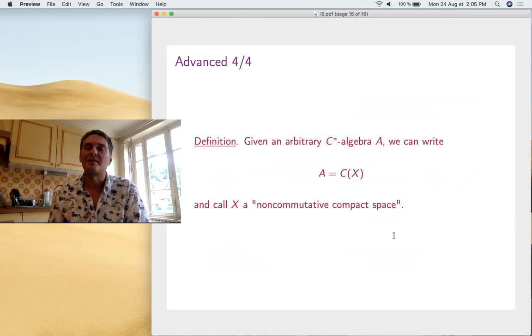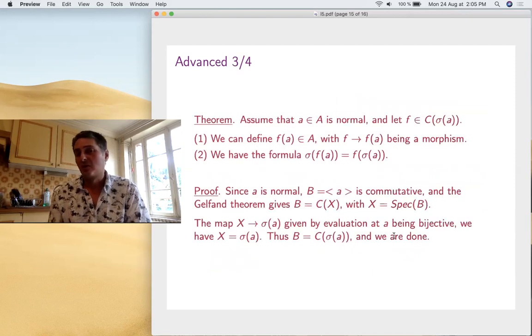So the first application is more or less the spectral theorem. So if you take a normal element, like for instance, if your algebra is all the operators B of H, you take a normal operator there. But in general, you take a normal operator in a C-star algebra, then the algebra that it generates is commutative. So by this Gelfand theorem, it should be C of something.